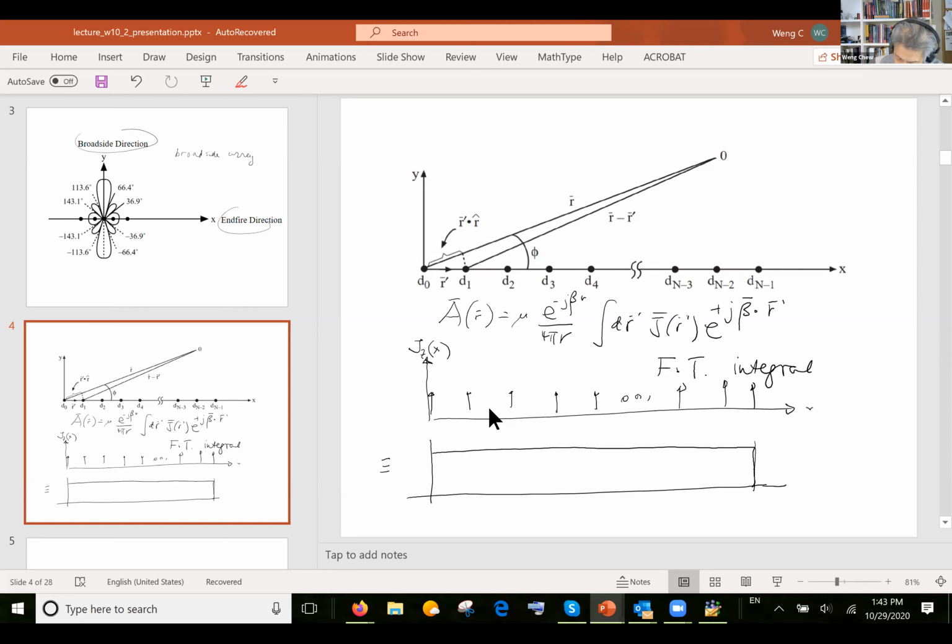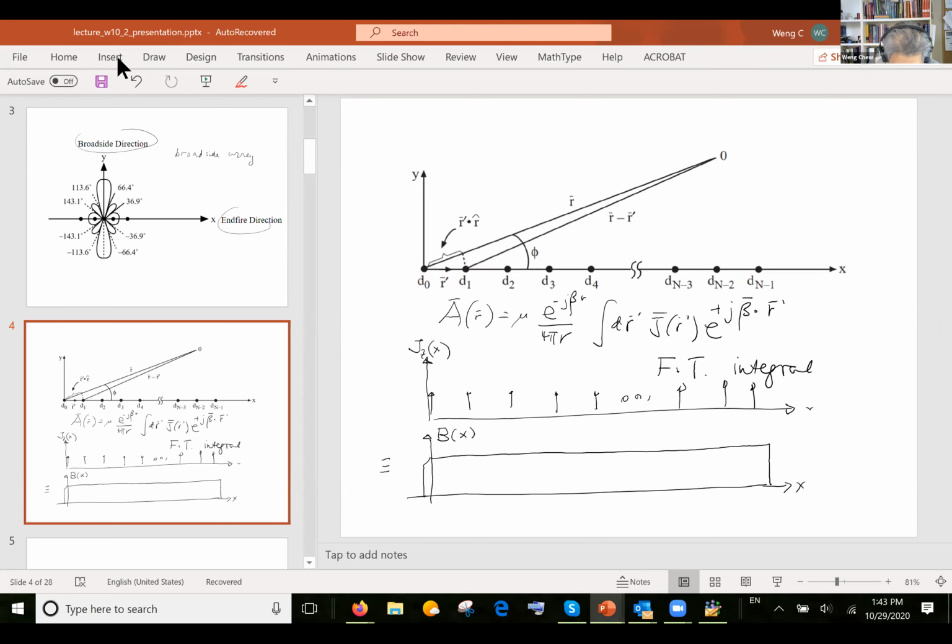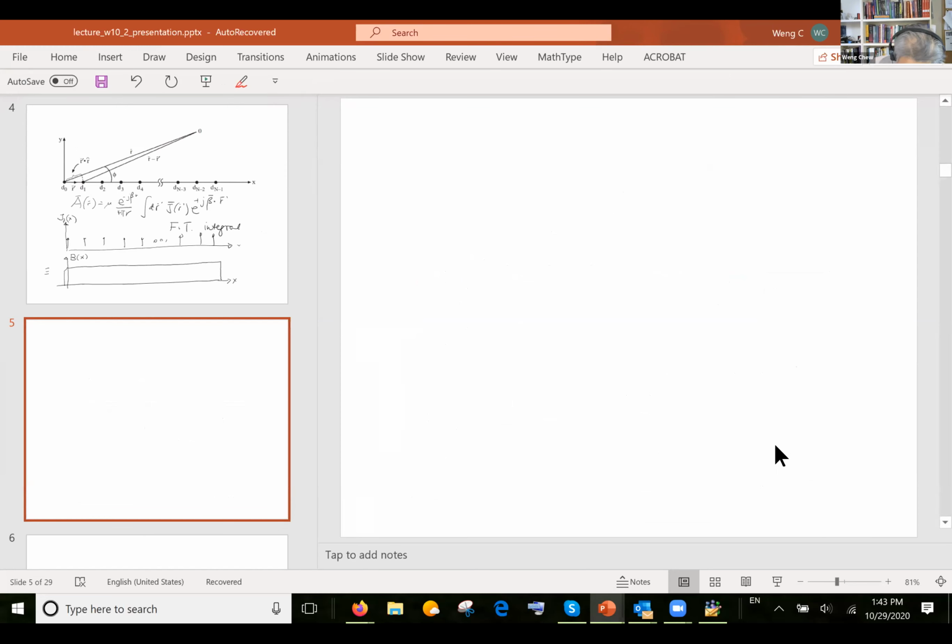Okay, if I have this function, maybe let me call it a box function. If I take this box function, maybe make it slightly bigger, and then multiply it with an infinite impulse train.